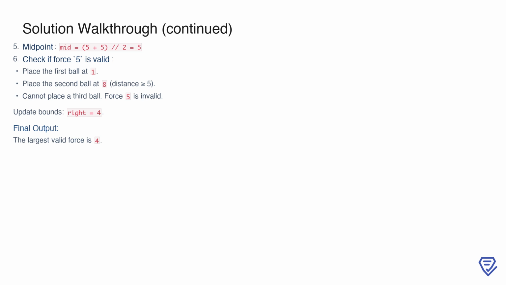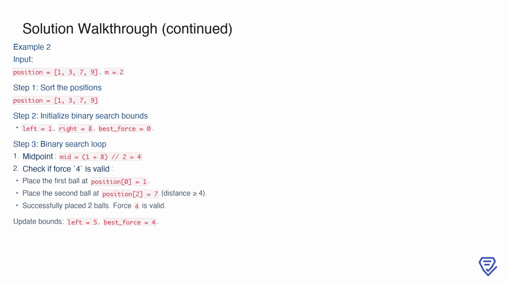To check if a force of 5 is valid, we place the first ball at position 1 and the second ball at position 8. However, we cannot place a third ball while maintaining a minimum distance of 5. Therefore, force 5 is invalid, and we update the bounds by setting right equals 4. At this point, the binary search loop concludes, and the largest valid force we found is 4. This value, stored in best_force, is our final answer for the first example.